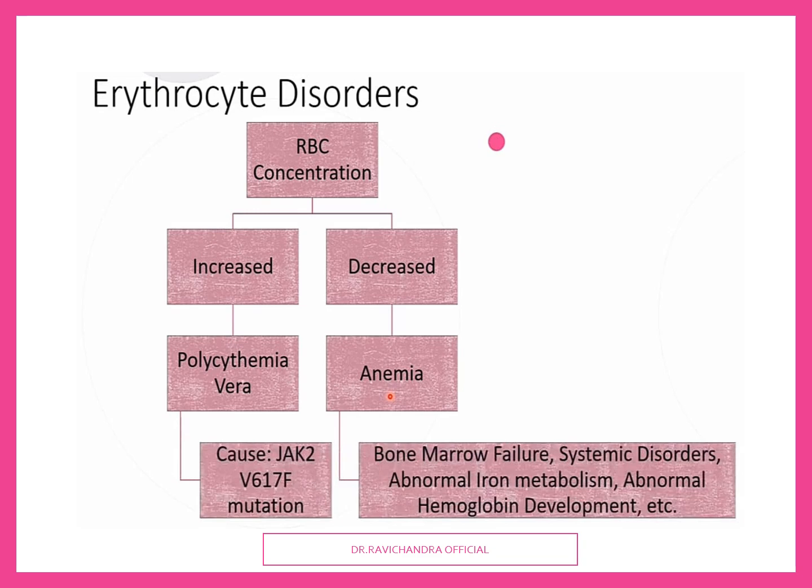And if it is increased, it is called polycythemia vera. The cause for polycythemia vera can be JAK2 mutations, whereas the causes for anemia may be multiple: bone marrow failure, systemic disorders, abnormal iron metabolism, abnormal hemoglobin development, and the list goes on.